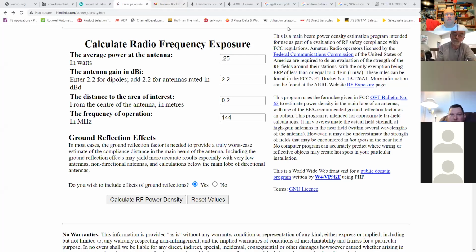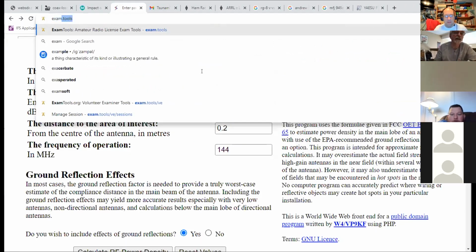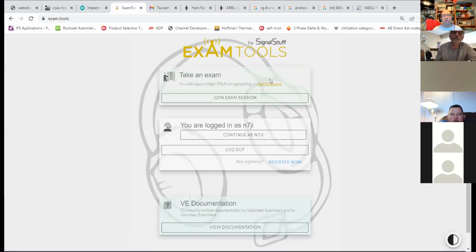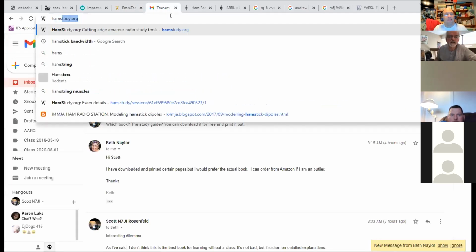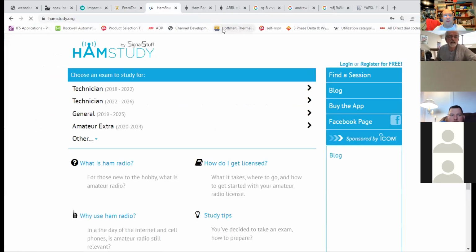Actually, the exam that we do, you may recognize this. Is anyone using hamstudy.org? Yes, I am. Do you recognize the look and feel of this website? It probably looks very much like this.